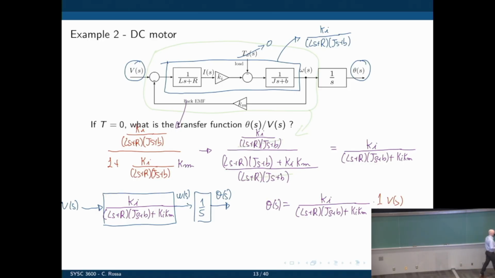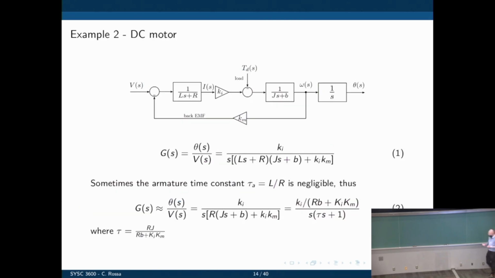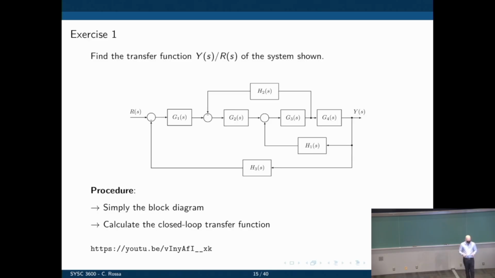Okay, so if there are no questions, let's do something a bit more complicated. I'm going to skip this slide here. This is just for information. Let's do this guy here. Find the transfer function Y over R in here. All right, so let's look at this. And let me ask you the following question.